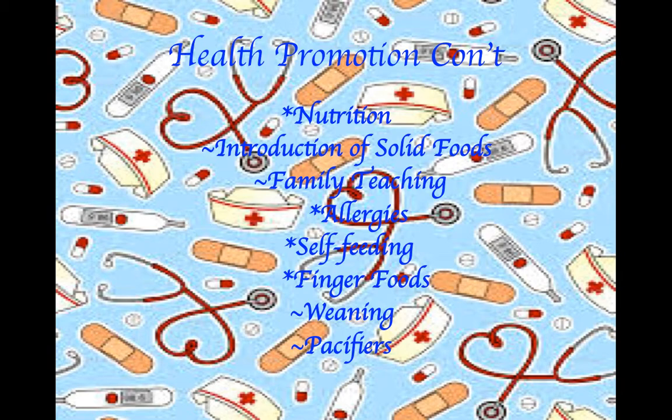The nurse should stress the benefit of iron cereal because of infants' great need for iron. Fruits and vegetables are introduced after the cereal. You should introduce veggies before fruits because of the sweetness, of course. And if they get a taste of the fruit, they're most likely not going to want the vegetable. So most fruits and vegetables should be introduced by 8 to 10 months of age.